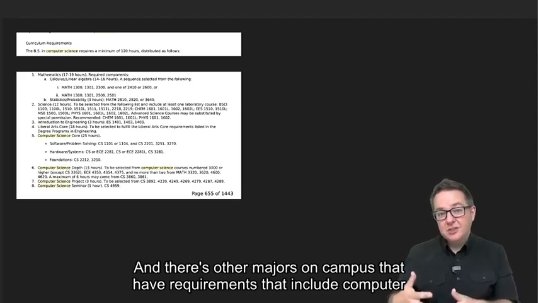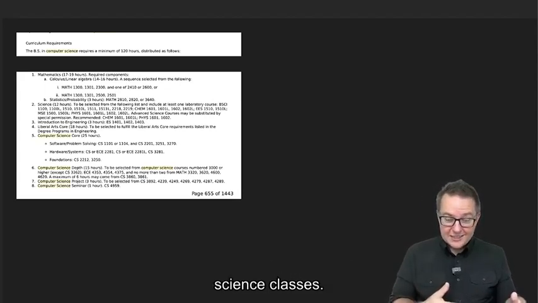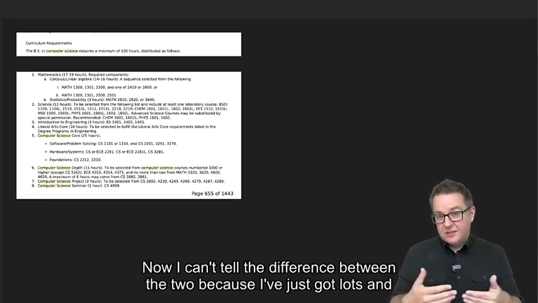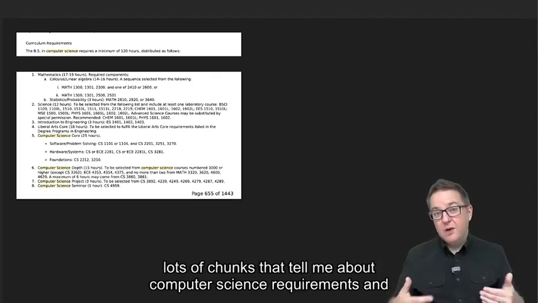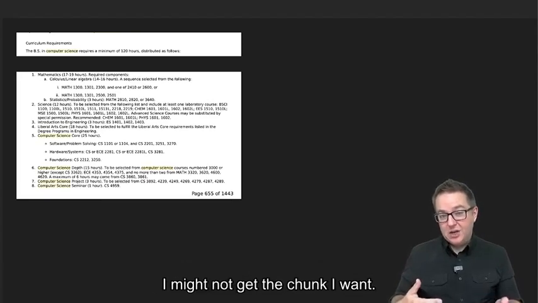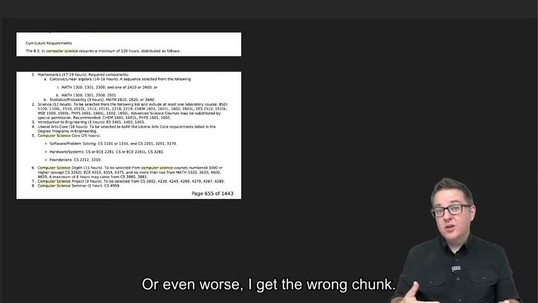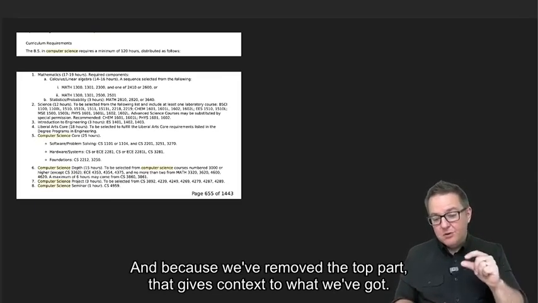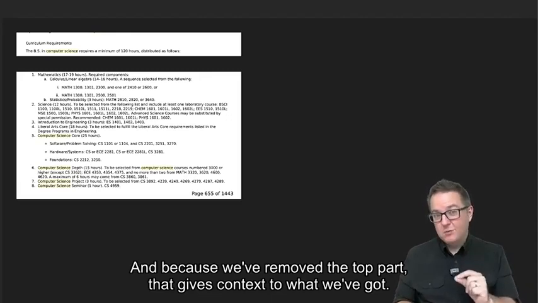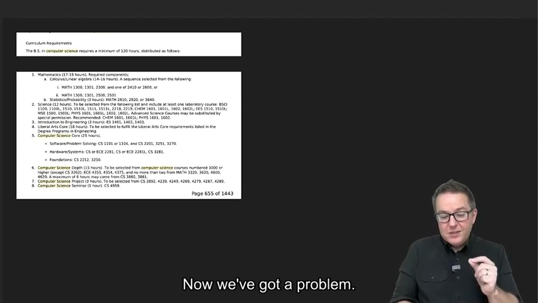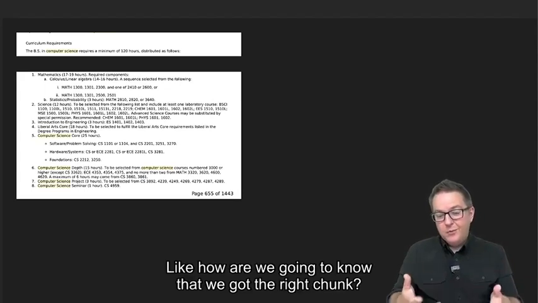And there are other majors on campus that have requirements that include computer science classes. Now I can't tell the difference between the two because I've just got lots and lots of chunks that tell me about computer science requirements, and I might not get the chunk I want, or even worse, I get the wrong chunk. And because we've removed the top part that gives context, now we've got a problem. How are we going to know that we got the right chunk?